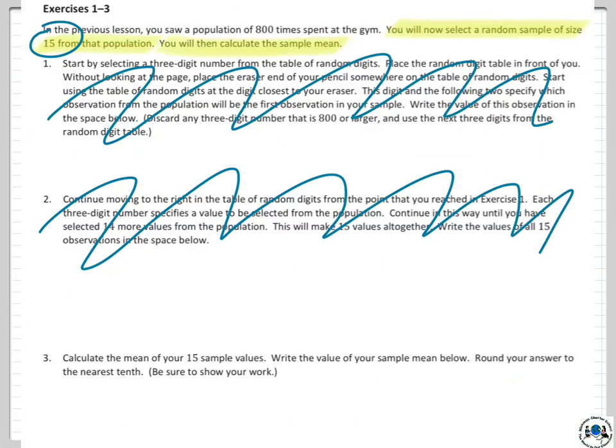What we will do is use my random number generator. If you want to jump on yourself, hopefully you bookmarked that. I'm going to generate 15 random numbers between 1 and 800, write those down, and then do what we did yesterday: find those values, calculate our mean, and go from there.